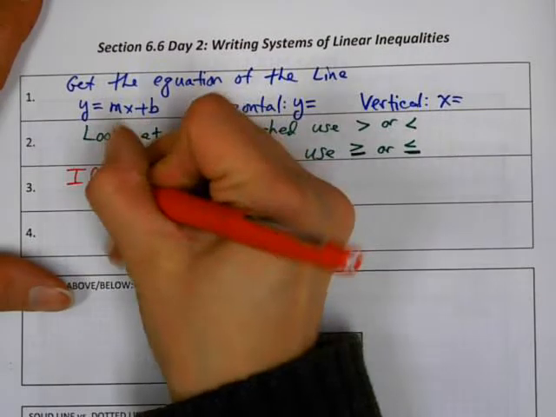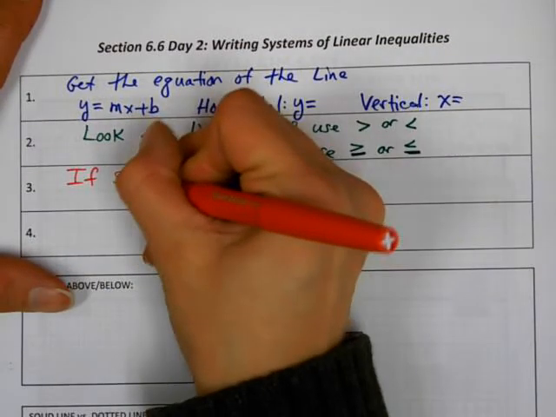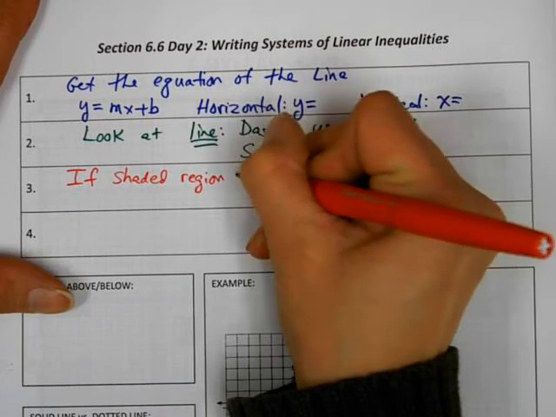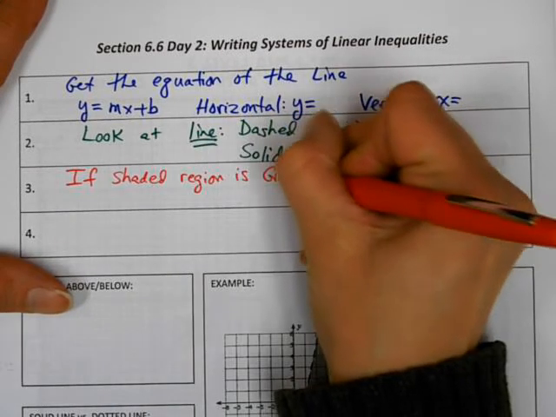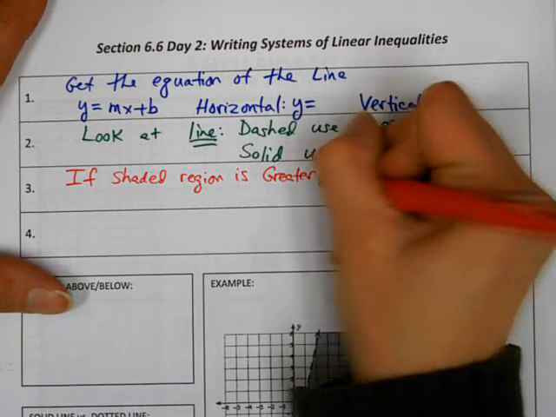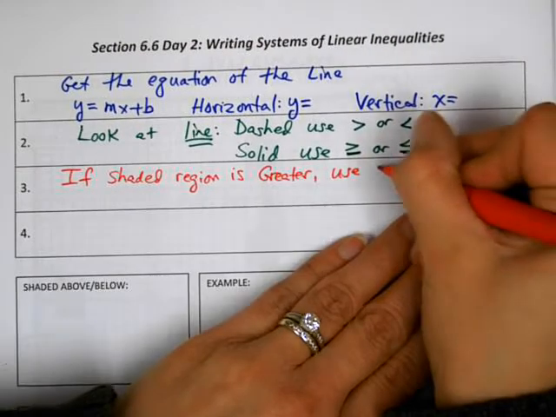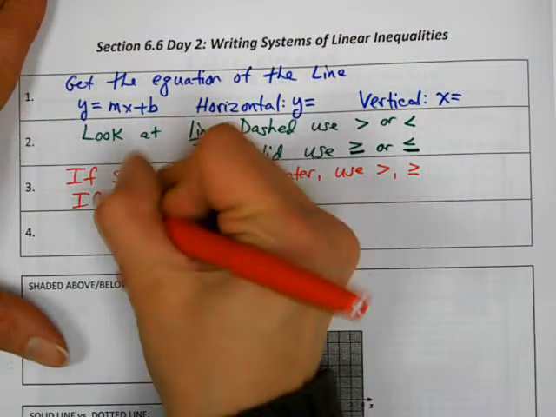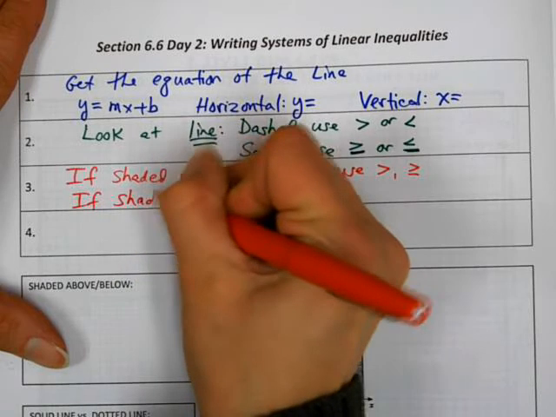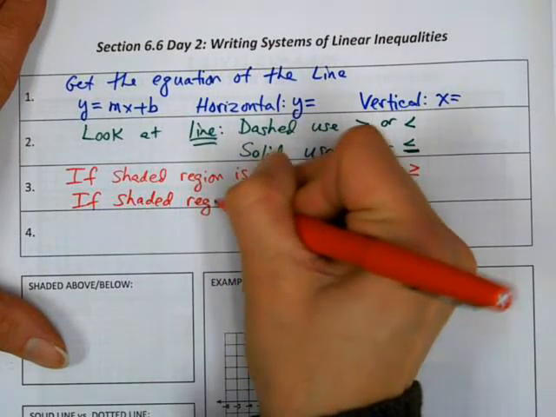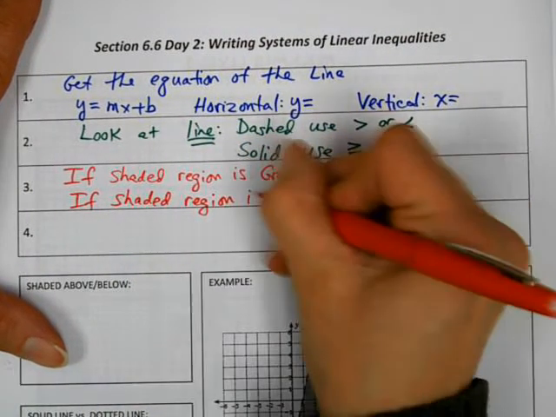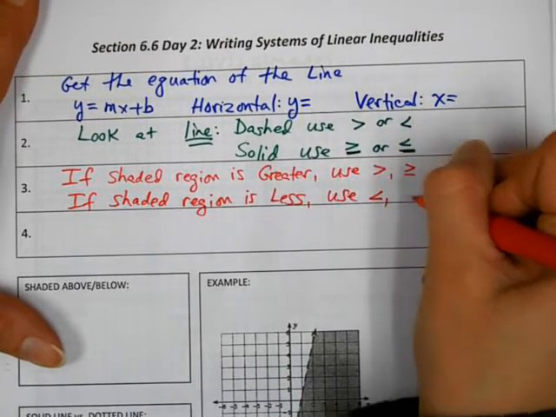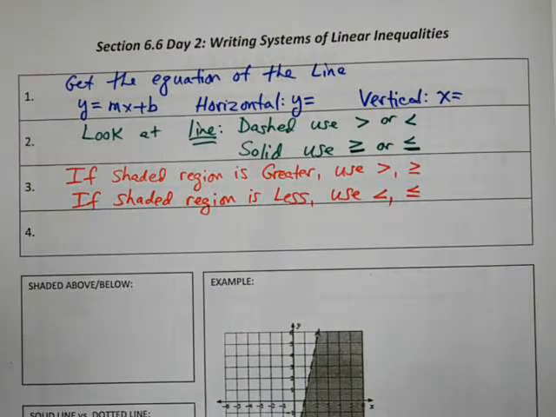Step 3: look for the shading. If the shaded region is greater, use the greater than or the greater than or equal to symbol. But if the shading is going down, if it's less, then we're going to use the less than sign or the less than or equal to sign, depending on the way that it's shaded.